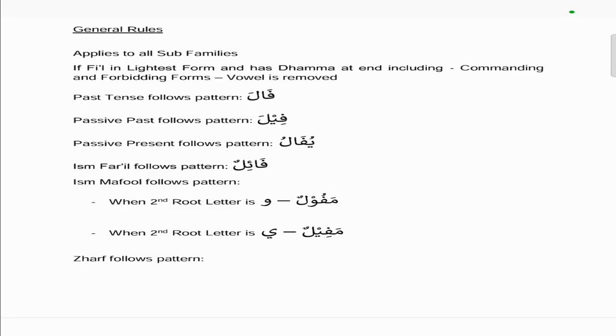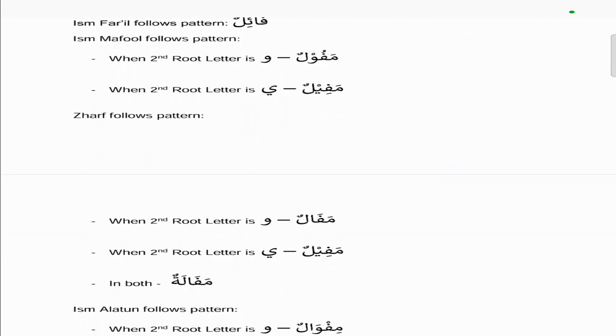When the second root letter is wa, it follows maf'ulun, and when the second root letter is ya, it follows maf'ilun. So the ism maf'ul is influenced by the second root letter, whether it's wa or ya. And the zarf follows the patterns: when the second root letter is wa, it's mafalun, and when the second root letter is ya, it's mafilun.